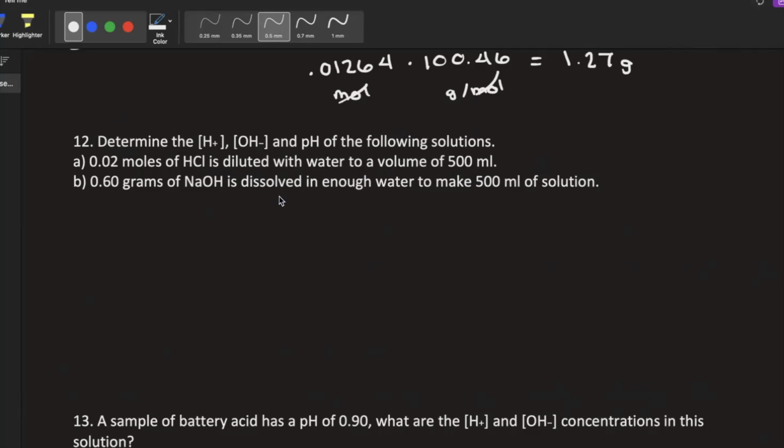So we know that HCl is a strong acid. And we have so far 0.02 moles of it. To determine the hydrogen ion concentration, we need to divide 0.02 by 0.5.